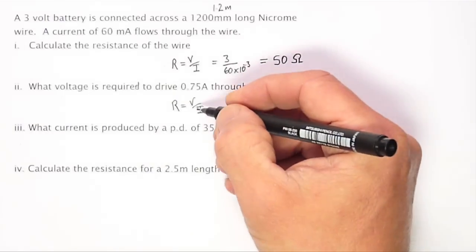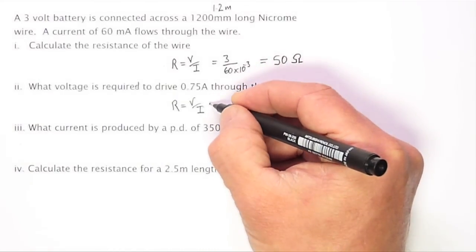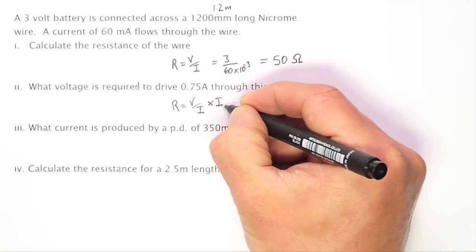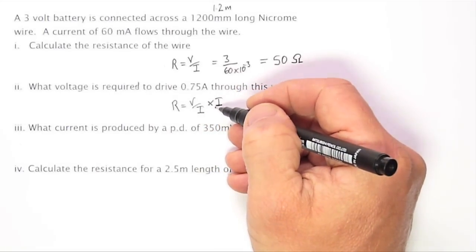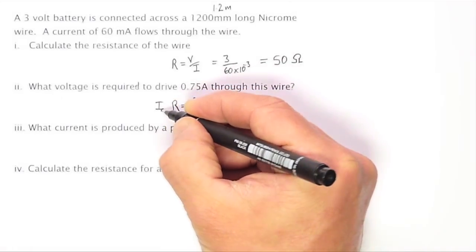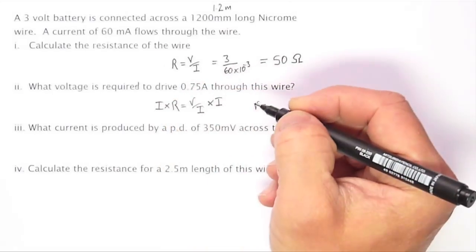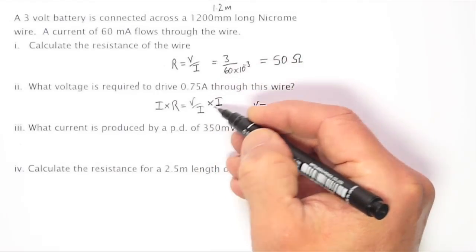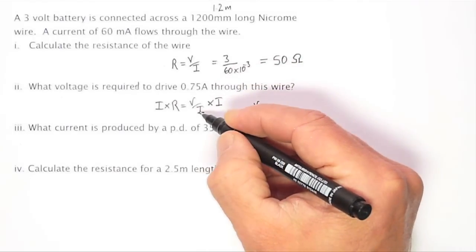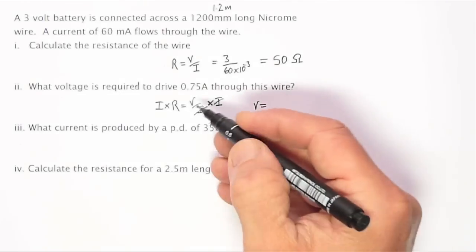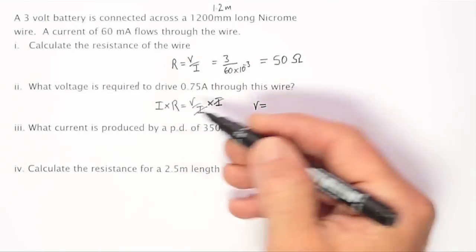To do this, we'll start off by multiplying this side of the formula by I. What we do to one side of the formula, we must do to the other side of the formula, so I'll multiply the other side by I as well. This side of the formula now is divided by I and multiplied by I, so I can cancel those two operations out. That gives me V equals IR.